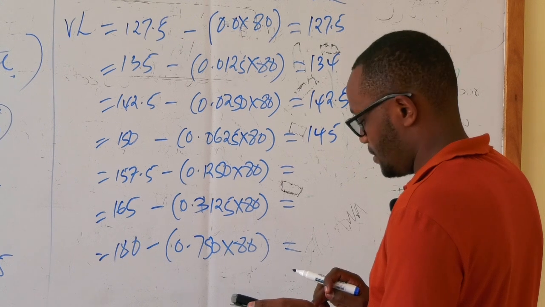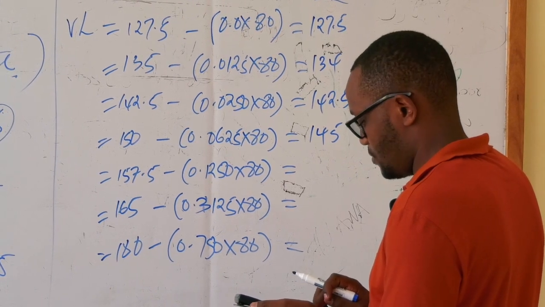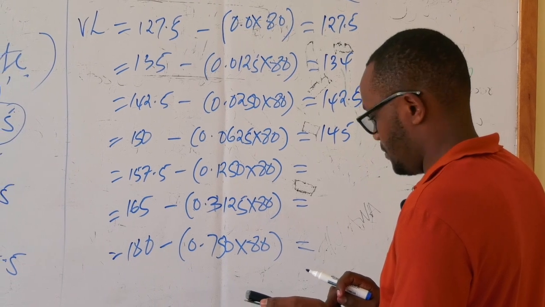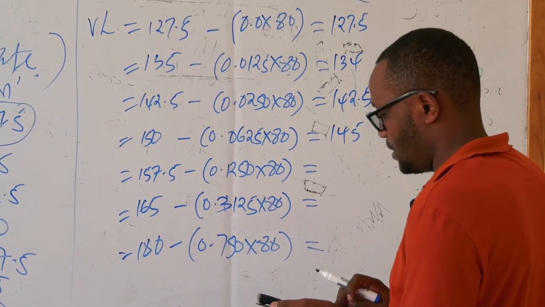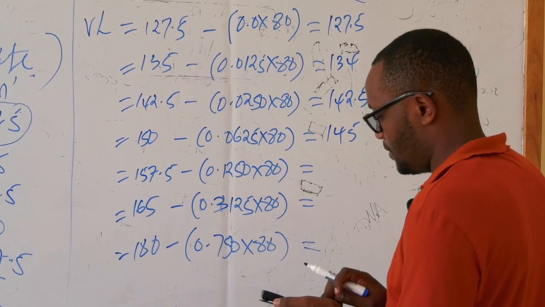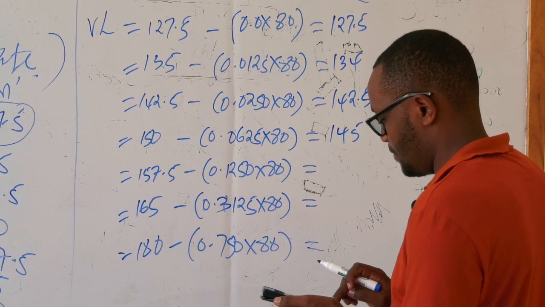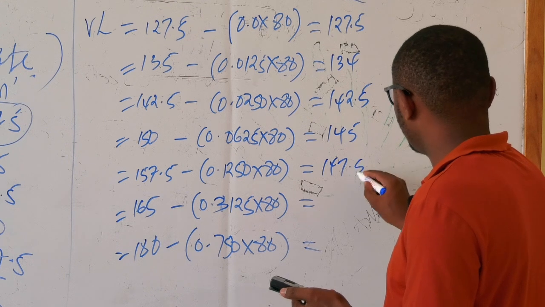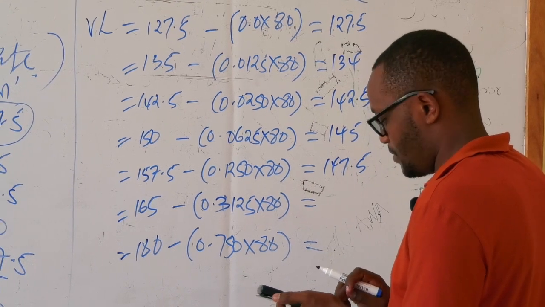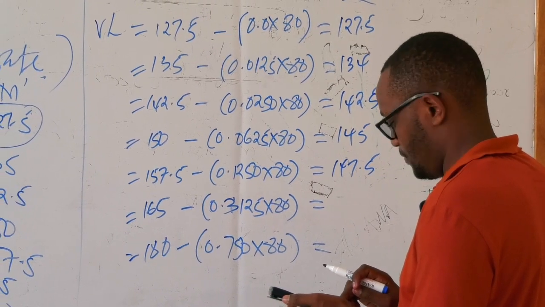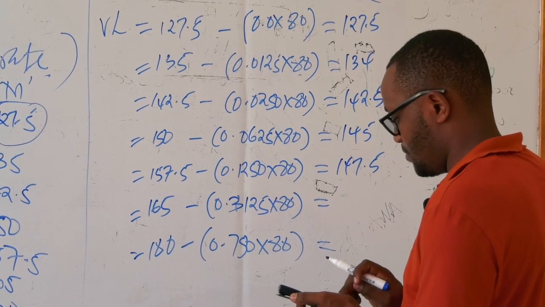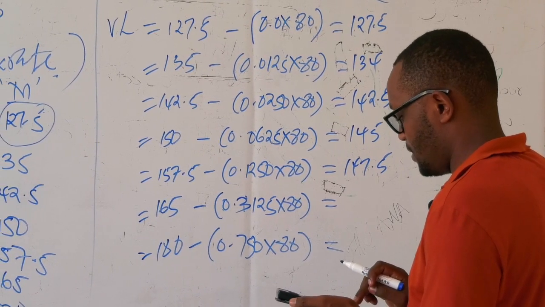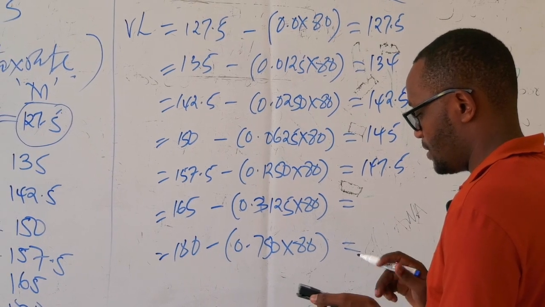We have this one, 0.125 times 80, 157.5 minus the answer, 147.5. Then 0.3125 times 80, and 165 minus the answer, 140.